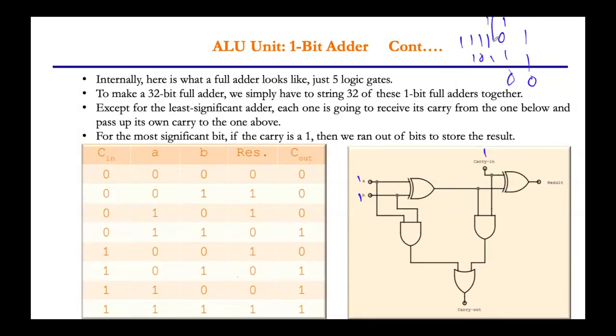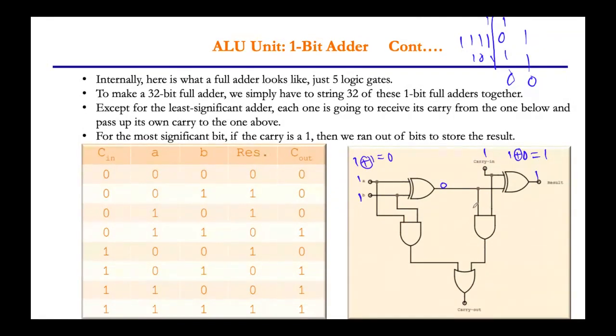In this case, if 3 ones are there, so 1 exclusive OR of 1, result is 0. So output of this one is 0. Then here the 0 and 1 is there. So 1 exclusive OR of 0, result is 1, because both the inputs are different.